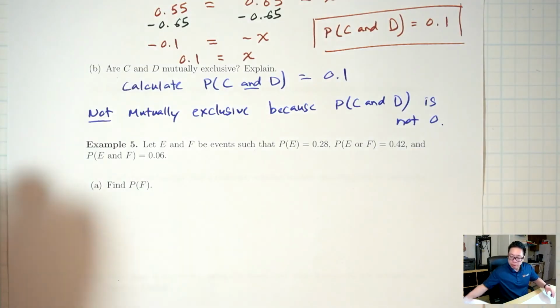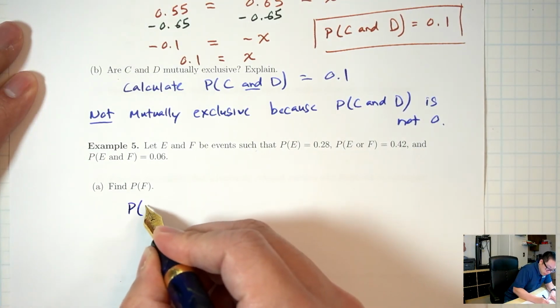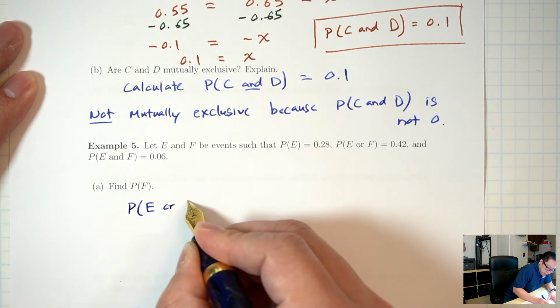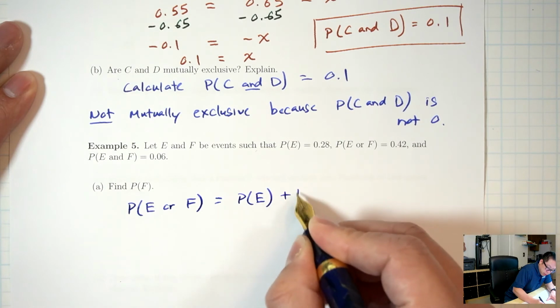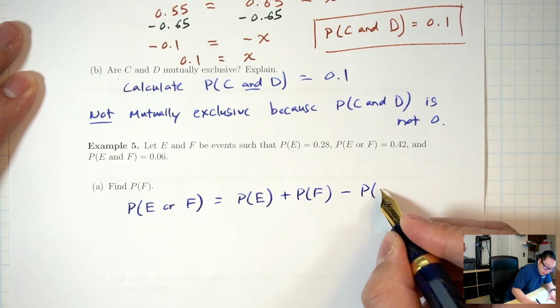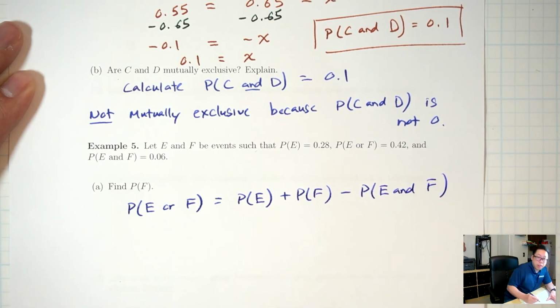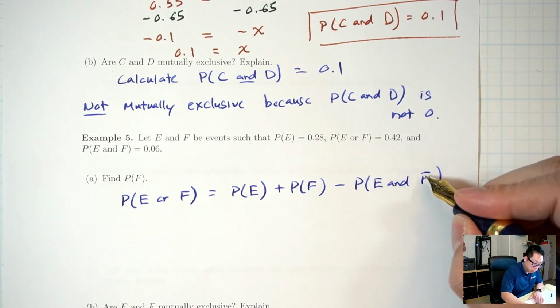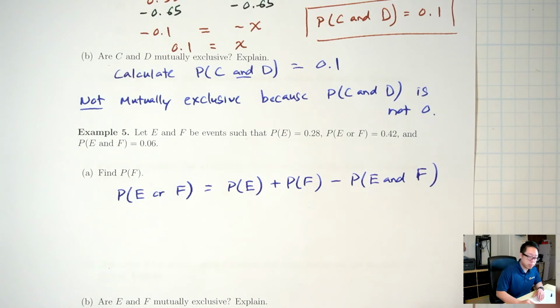All right. So that's going to give me P of E or F is equal to P of E plus P of F minus P of E and F. All right, so that's the addition rule, but just rewritten with the letters E's and F's instead of A's and B's.